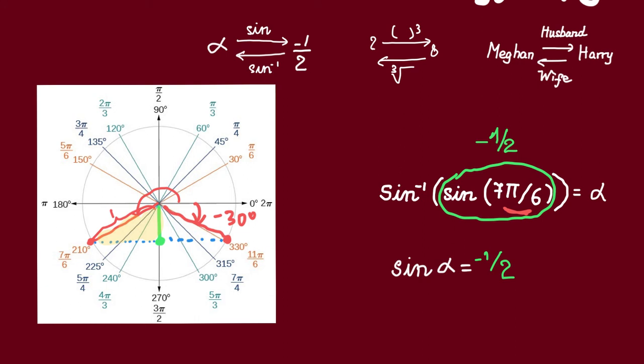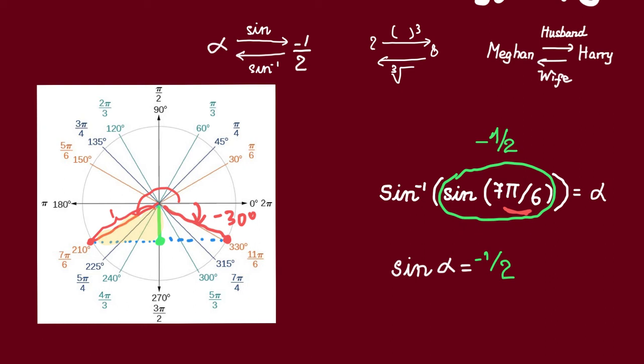A function can only have one output for every single input. When you click the sine inverse button on your calculator, you don't want it to output infinitely many angles, right? It will crash. You want it to just tell you one angle.